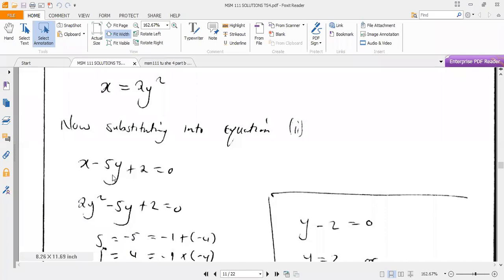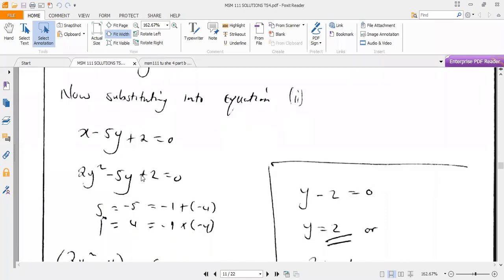Our sum is negative 5, and the product is 2 times 2, which is 4. So what are the two factors that when we add them give us negative 5, and when we multiply them give us 4? The two factors are negative 1 and negative 4. We're getting negative 5 there. Then negative 1 times negative 4, we're getting positive 4 there.